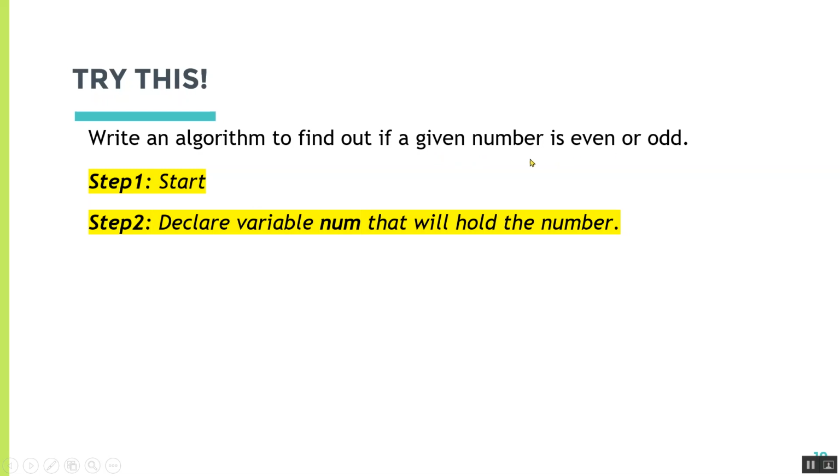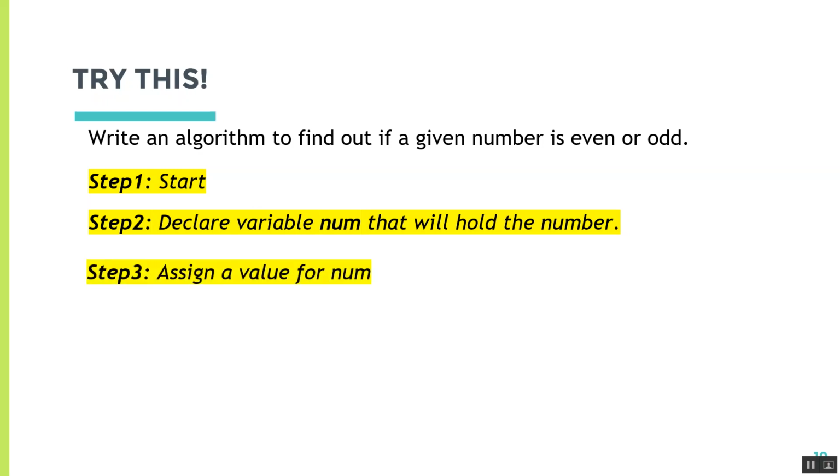So meaning to say, we just need to identify a single number. That's why we only declare variable num as a single variable. Unlike in our previous example that we need to add two numbers, that's why we declare or create two variables. This time, we just need to create or declare a single variable, which is num.